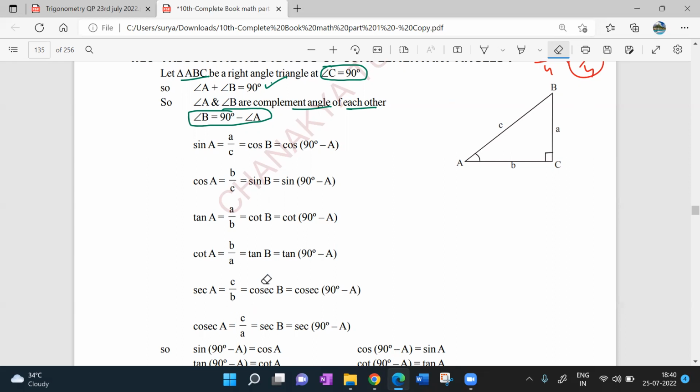Find out sin A, cos A, tan A, cot A, secant A, cosecant A. These are all the ratios of this. These are cos B, sin B, cot B, tan B, cosec B, secant B. This can be written as 90 minus A. So sin A can also be written as what? 90 minus A. How 90 minus A?